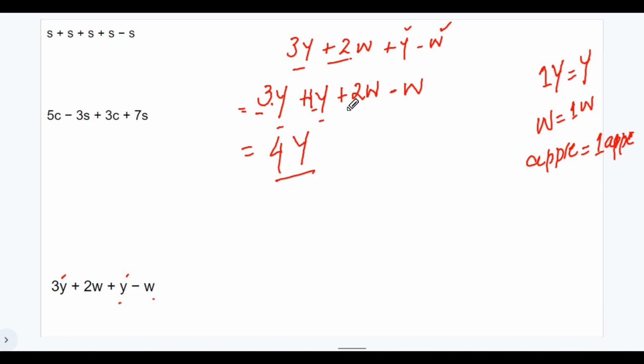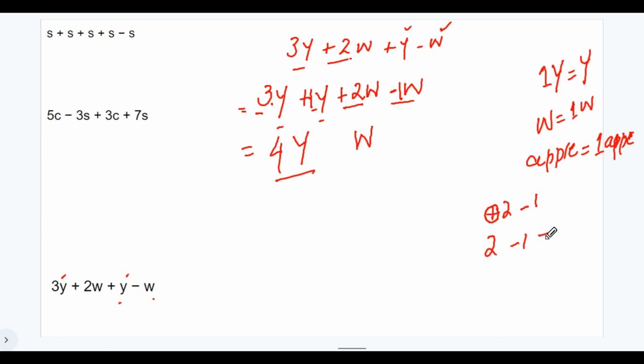Now we have to add 2w minus w. Again, w is not going to be changed. What you need to do, you need to add your coefficients. That is plus 2. Look at here, it is plus 2 and this is minus 1. Plus 2 minus 1 is same as 2 minus 1, right? Because you don't need to write plus with 2.